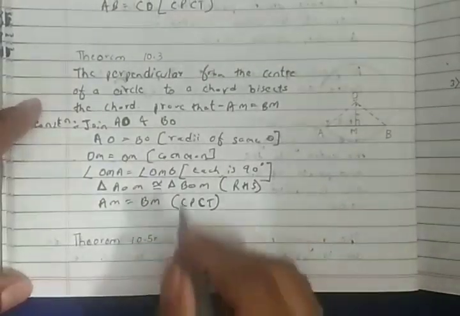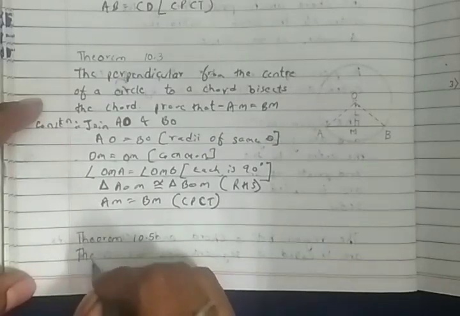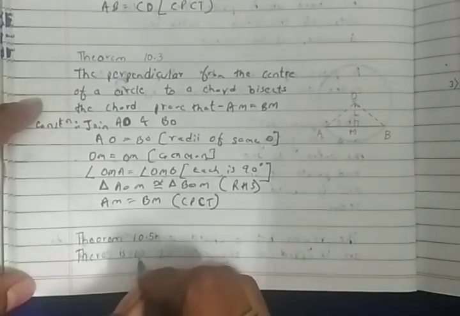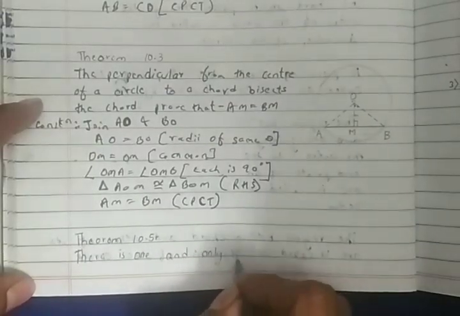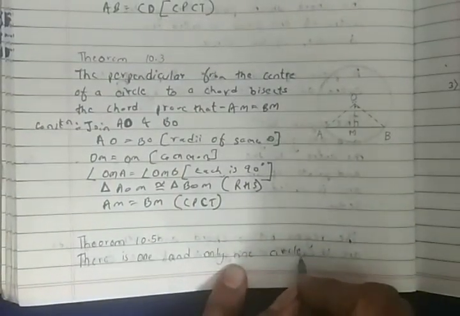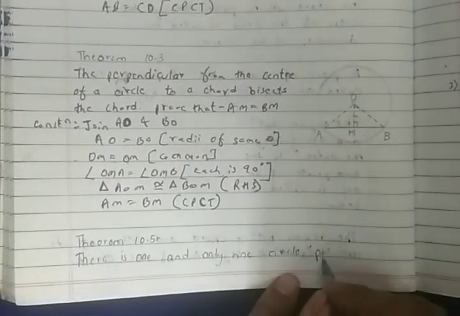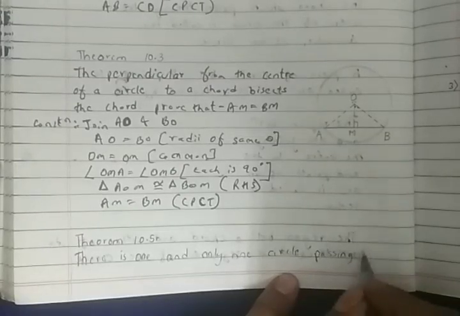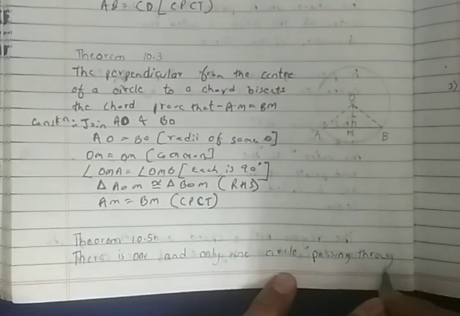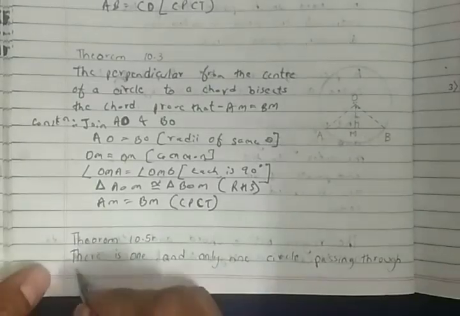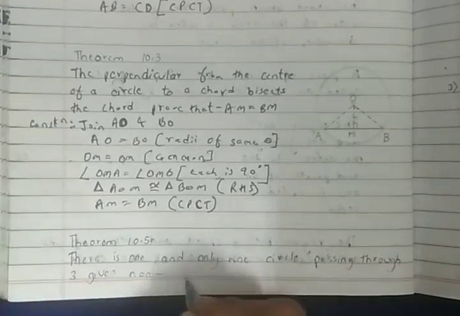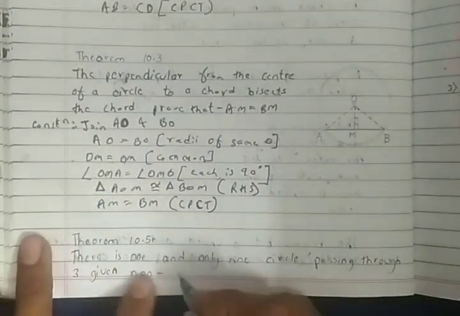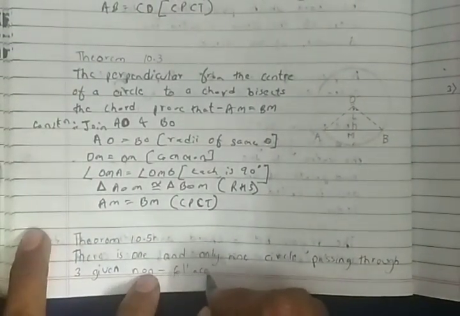Let's write it down. There is one and only one circle passing through three given non-collinear points.